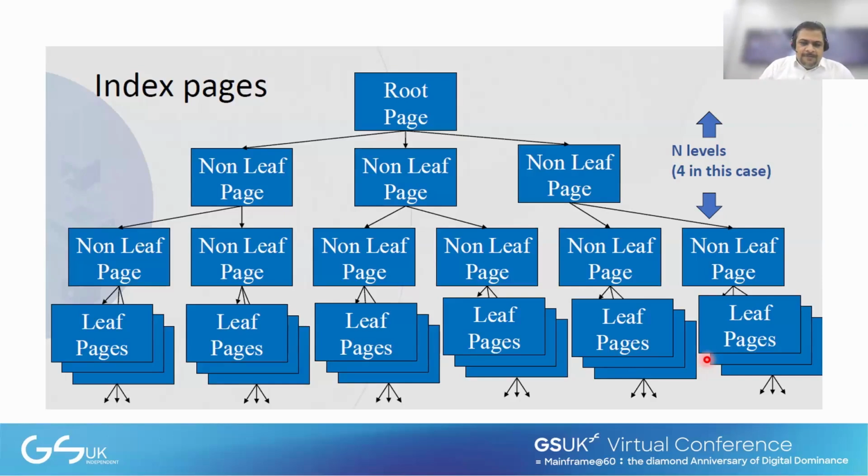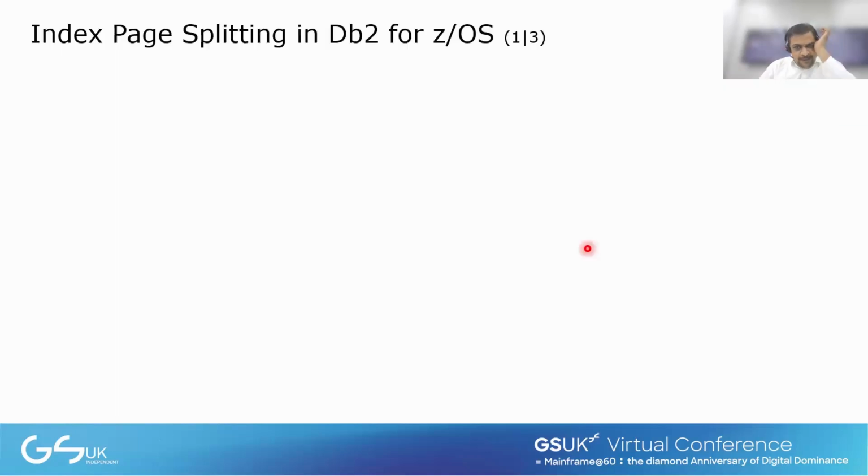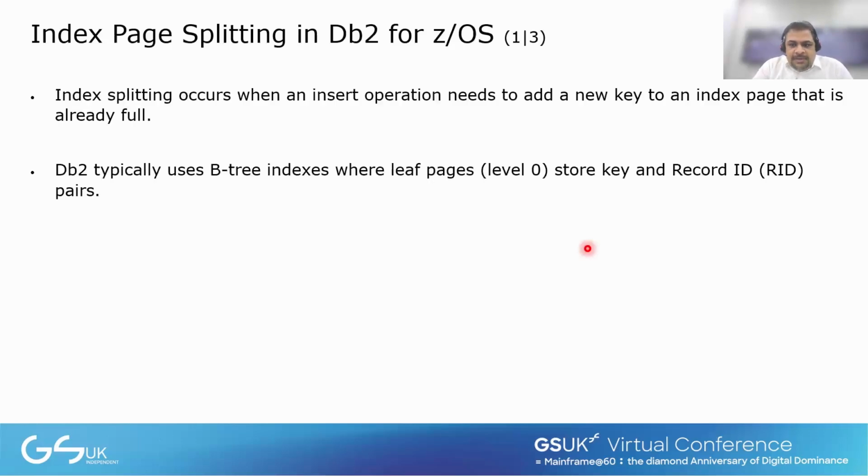Now we'll go to a very specific case for DB2 for z/OS. Index splitting in DB2 occurs, as we have seen earlier as well, when you have to insert a new key into an already full index page. In a B-tree, the default structure is that the leaf page is at level 0, and that contains keys and RIDs.